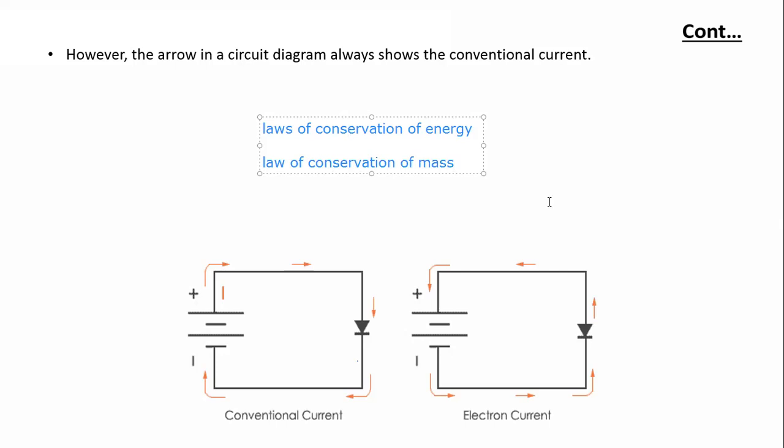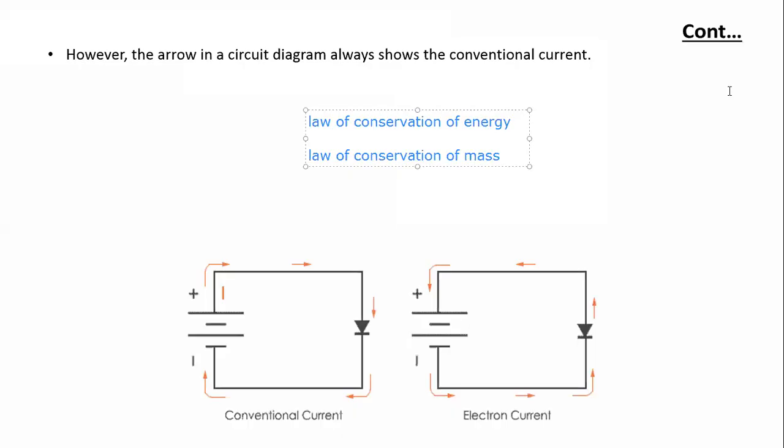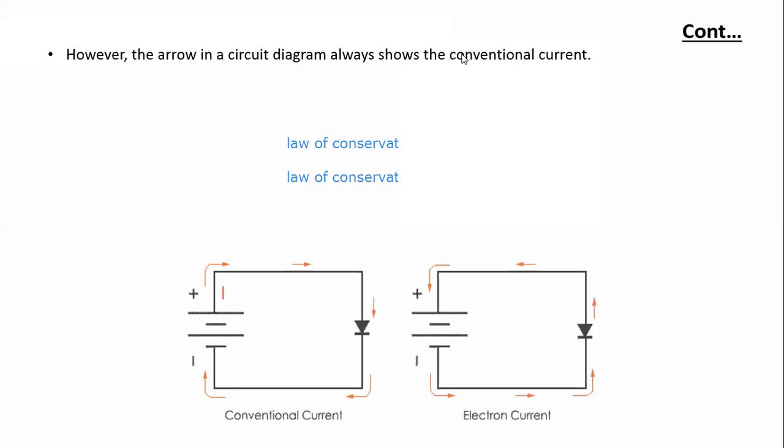I hope most of you are very familiar with these two laws because they are the basic ones. The law of conservation of energy says that energy can neither be created nor destroyed, but it can be transformed from one form to another. The same goes with the law of conservation of mass. It states that mass can neither be created nor destroyed, but it can be transformed from one form to another.